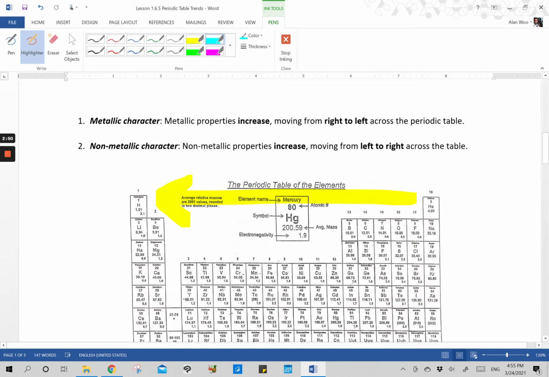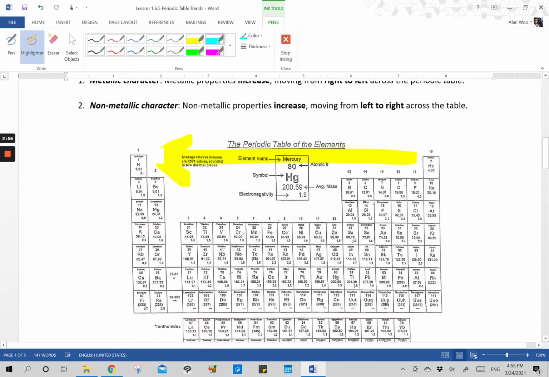If we want to see the increasing trend of nonmetallic properties, then we basically start from the left side and we move towards the right side. So basically going from metals to nonmetals would of course increase the nonmetallic property. And again, this is something that you guys are very familiar with, mostly because when we taught you the differences between metals and nonmetals, we focused a lot on the staircase here.